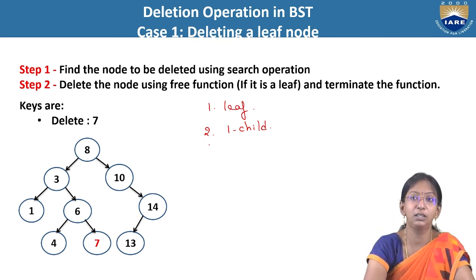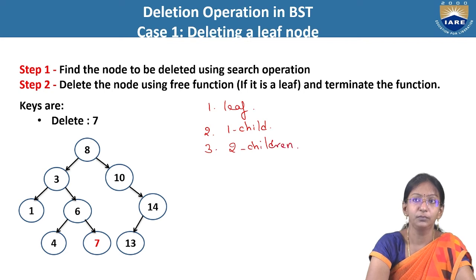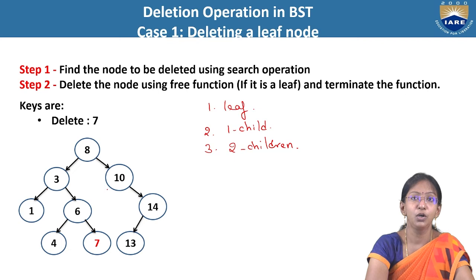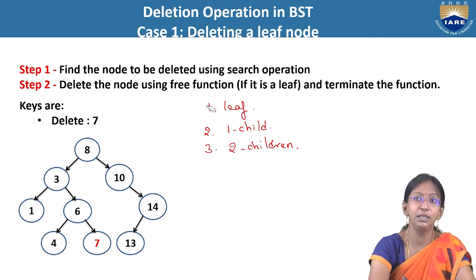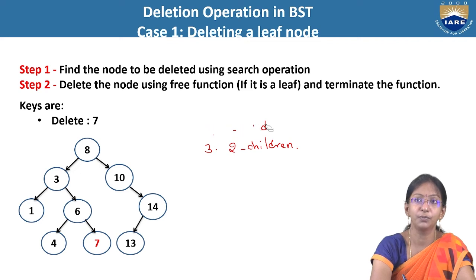The third case is a node with 2 children. If you are supposed to delete it, how you are going to handle the situation is the point. So these are the 3 cases when we delete a node from a binary search tree.